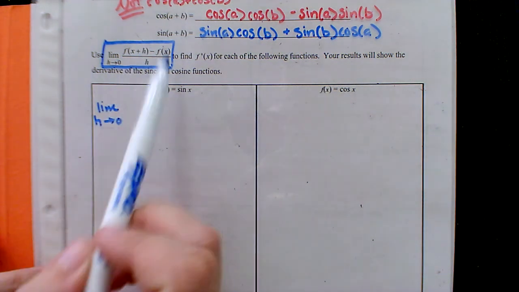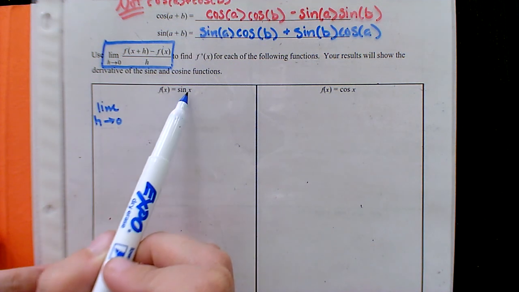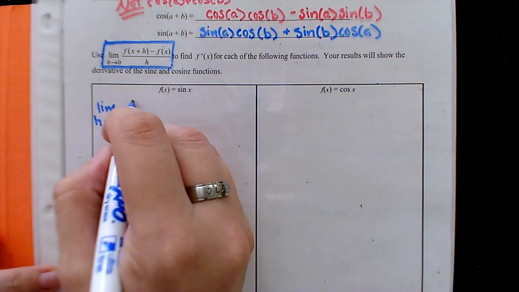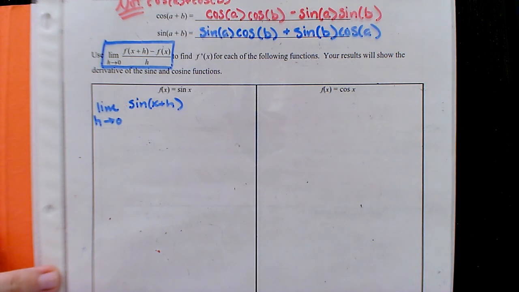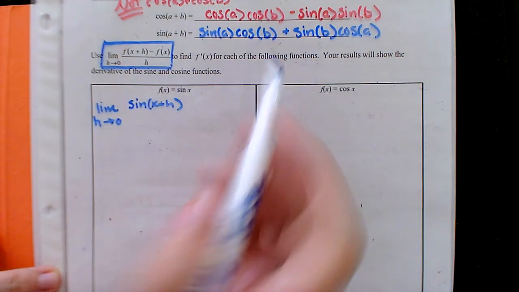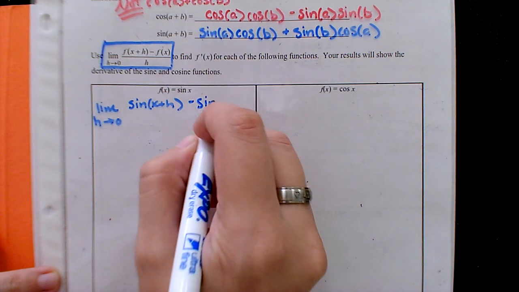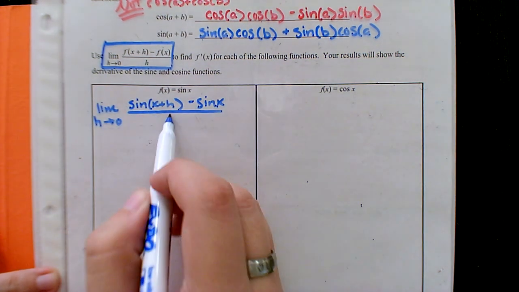Using our limit definition of the derivative, we would have to plug in x plus h into that x in the sine function. We then have to subtract f of x, which is just the original function that you're given, and that's all over h.